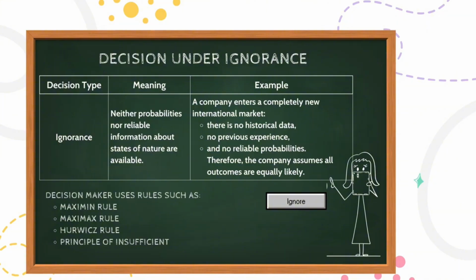Therefore, the company assumes all outcomes are equally likely. In this situation, decision makers use rules such as the maximax rule, maximin rule, heuristic rule, and the principle of insufficient reason. These rules help decision makers make choices even when the information is very limited.